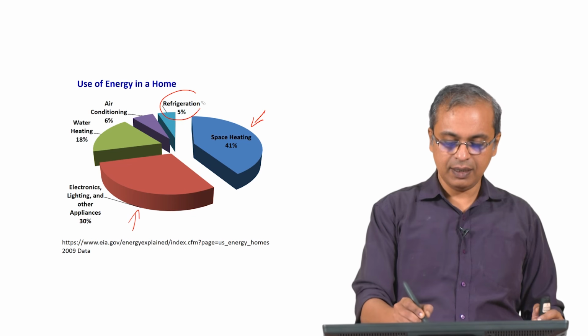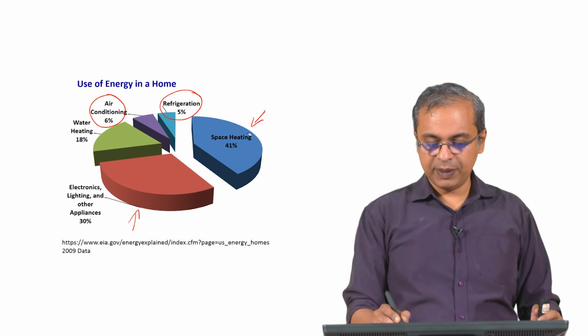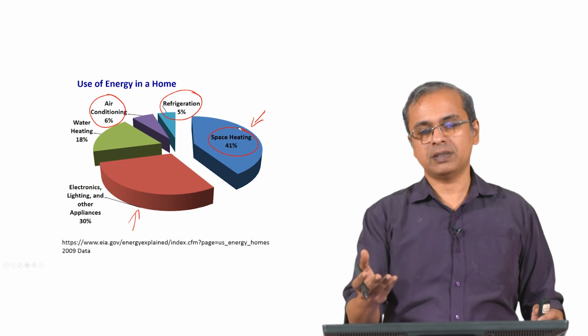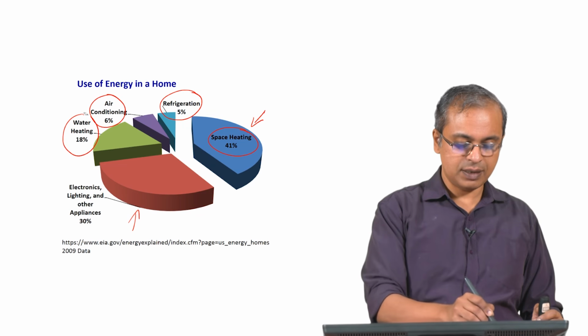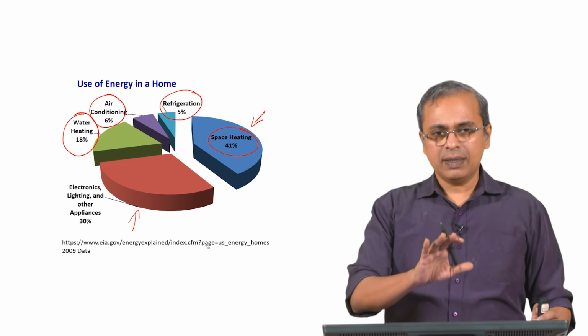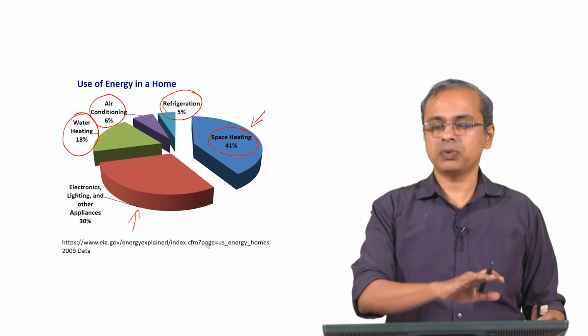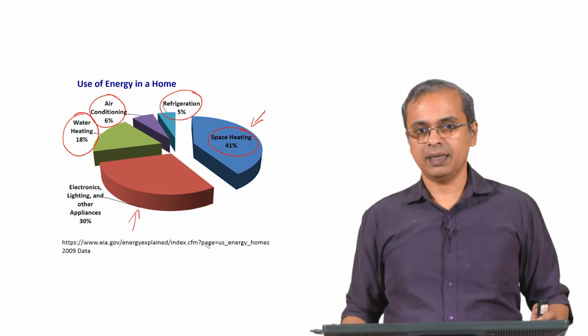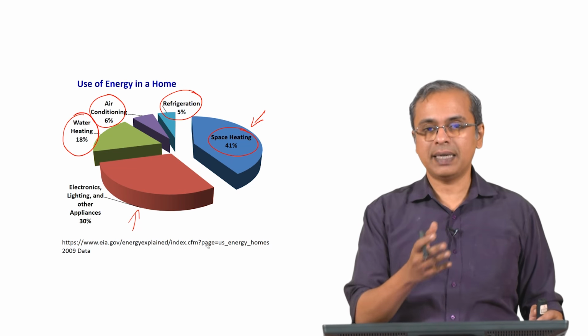Refrigeration is there. Air conditioning, as I mentioned, this again is against the space heating here, depends on whether it is a cold country or a warm country, etc. And there is water heating, all those hot water geysers that you use. So very similar to what I showed you in the services sector, maybe the exact percentages are different, but you see that kind of a split in how the energy is used, and so that gives you some idea of where you can intervene to make it cleaner.